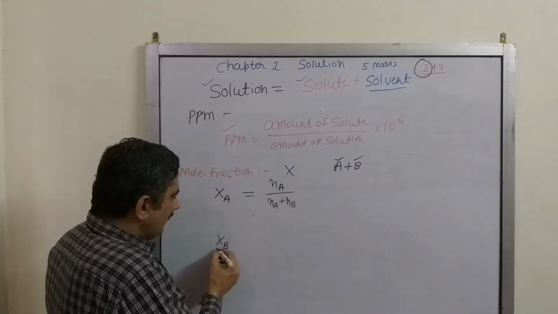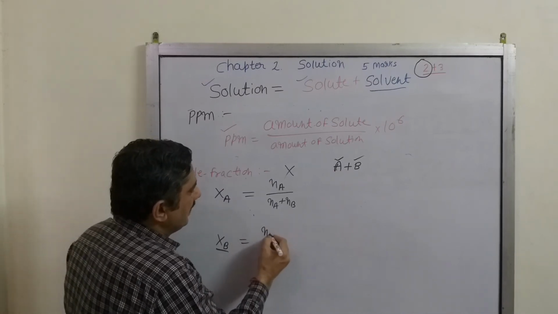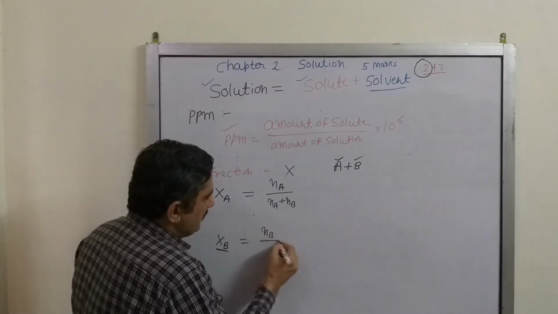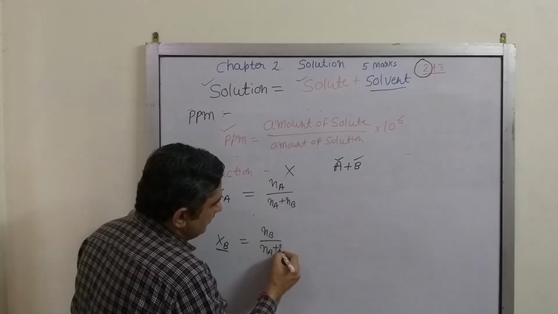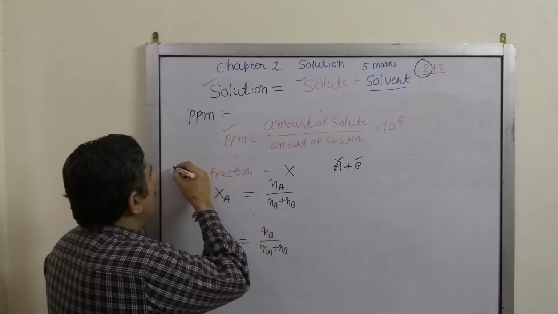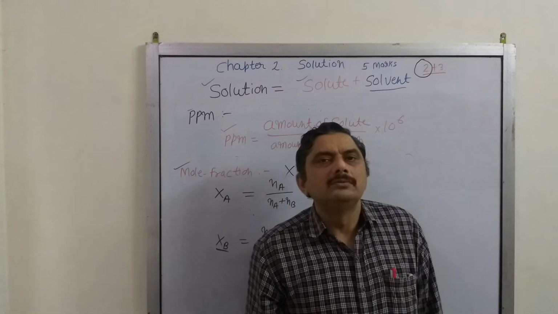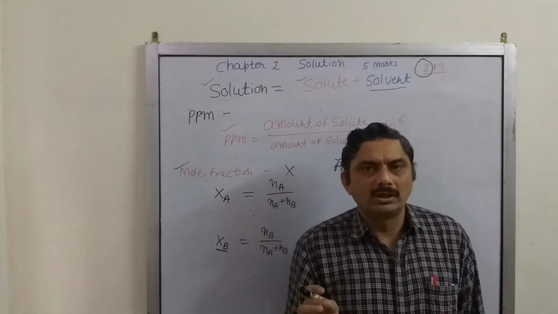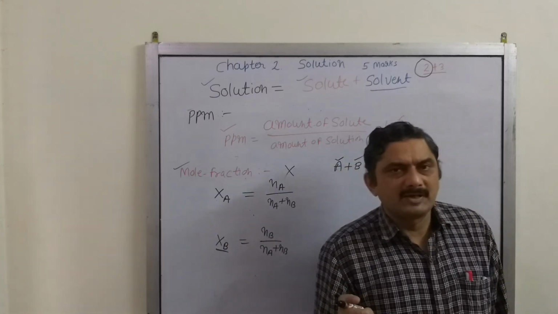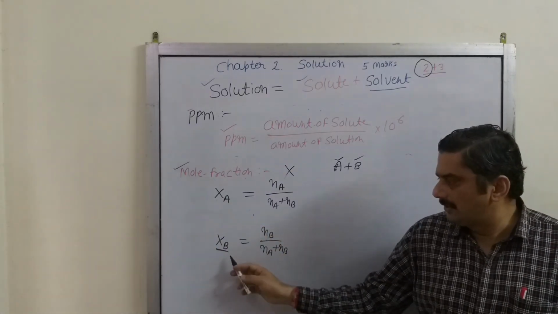Similarly, mole fraction of solute is equal to number of moles of solute upon total number of moles. Mole fraction is the ratio of number of moles of one component to the total number of moles. It is represented by X. For solvent we use the term XA, and for solute we use the term XB.